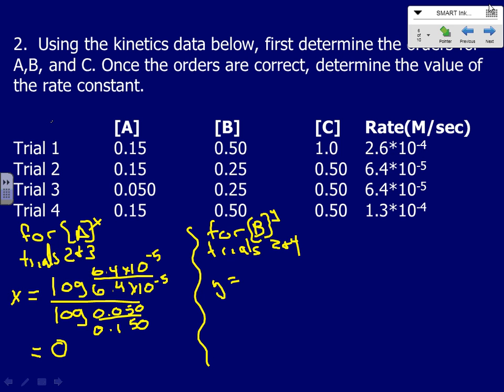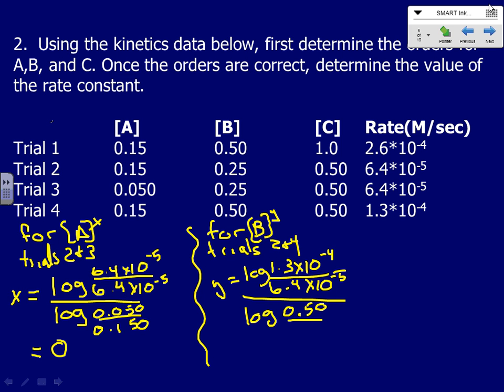y is equal to log of 1.3 times 10 to the minus 4 over 6.4 times 10 to the minus 5, over log of 0.50 over 0.25.